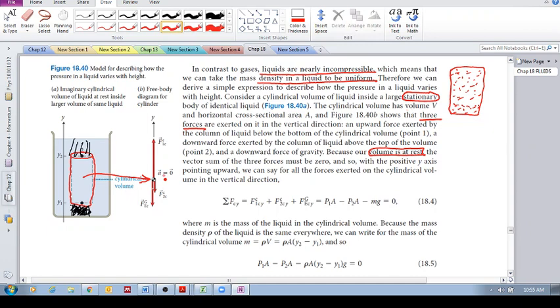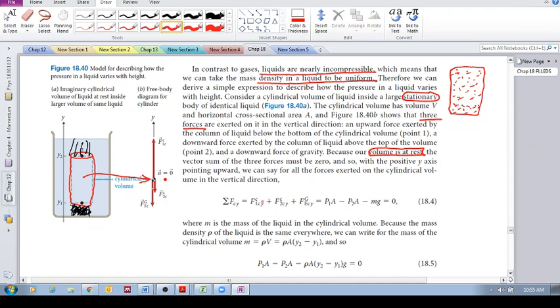So the acceleration is 0, and so we've got these three forces, and if the acceleration is 0, then these forces balance out. The magnitude of this force equals the sum of the magnitudes of these two forces.